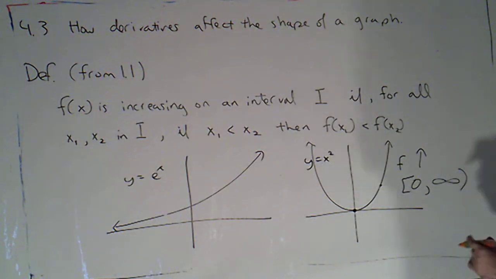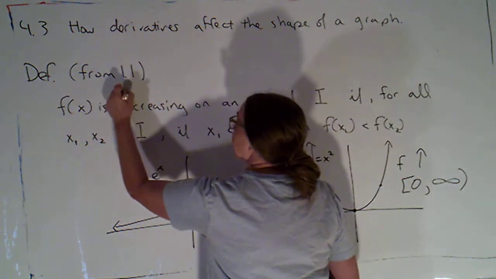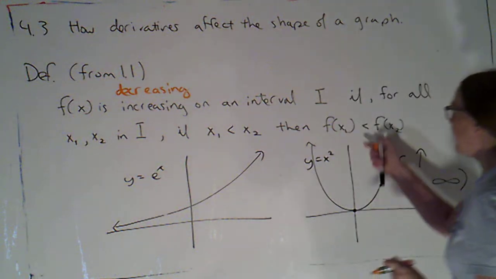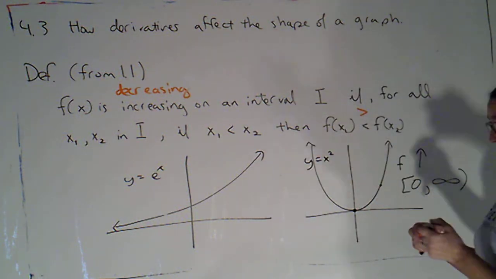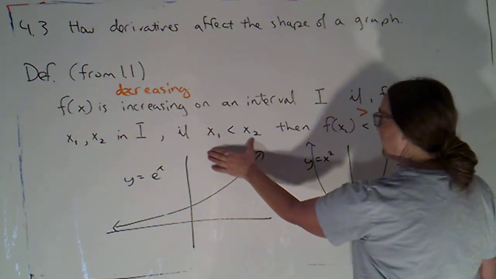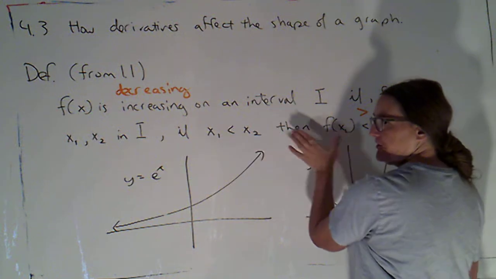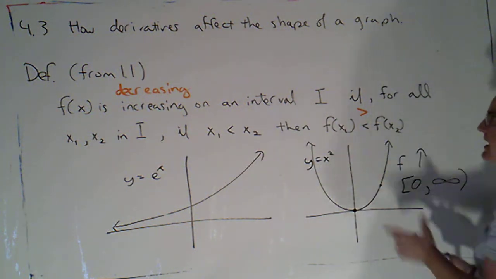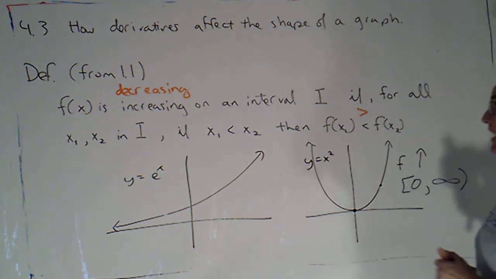The definition for decreasing is very similar. If I wanted to change this to decreasing, I would simply make a change in my inequality. I don't want to change both inequalities, because right now I'm saying the point on the left has the lower y value. If I changed both inequalities, I'd say the point on the right has the bigger y value, which is equivalent. But now I'm saying the point on the left has to have the bigger y value.